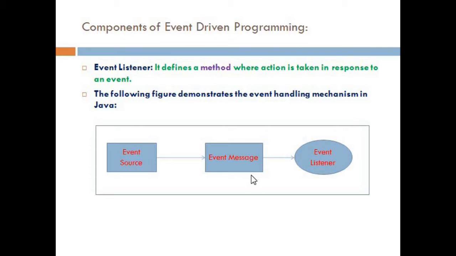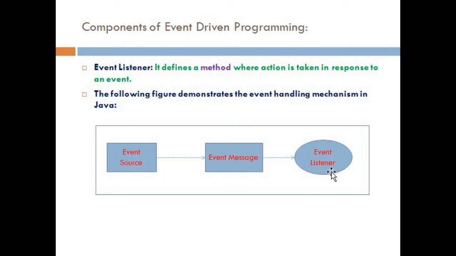So remember, any event that occurs shall belong to an object. For instance, the mouse click event belongs to the mouse event object. The key press event belongs to the key event object, and we call such objects event message objects.